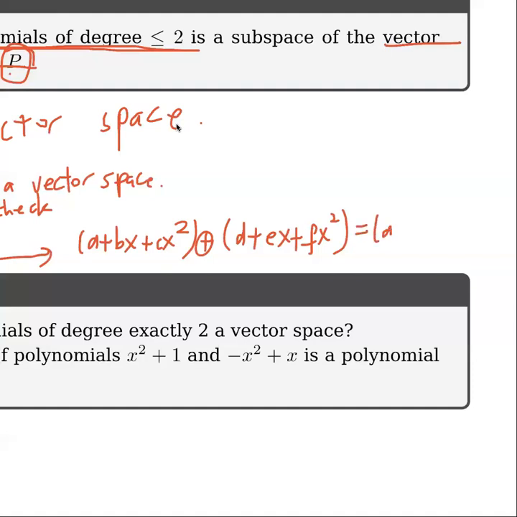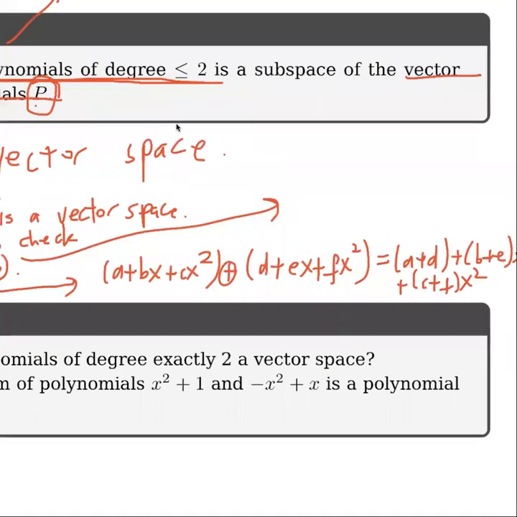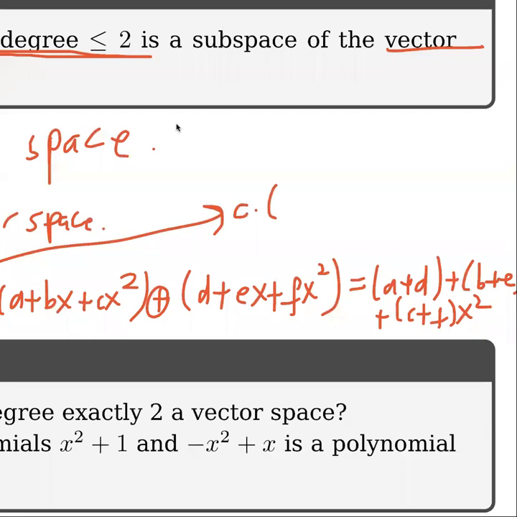So this is a plus d plus, so you see the degree doesn't change. I mean, it doesn't increase. It can change, but doesn't increase. C plus fx squared. So this is property number A, so it is satisfied. And we also have to show that property number B is satisfied, which is C times a plus bx plus, let's write dx squared.